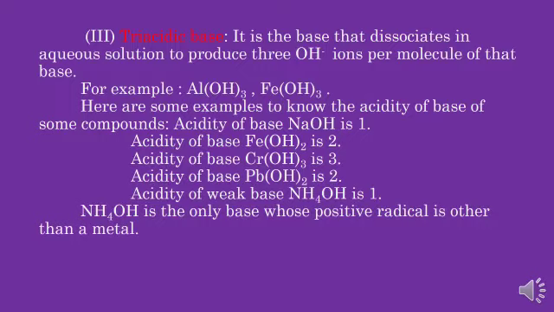Acidity of base chromium hydroxide is 3. Acidity of base lead hydroxide is 2. Acidity of weak base ammonium hydroxide is 1. Ammonium hydroxide is the only base whose positive radical is other than a metal.